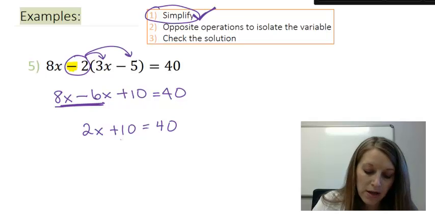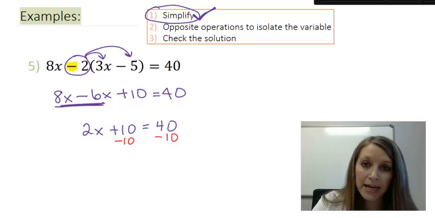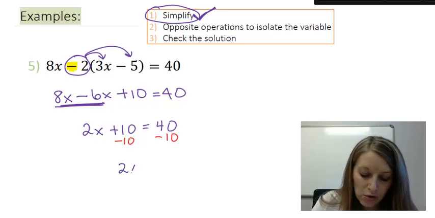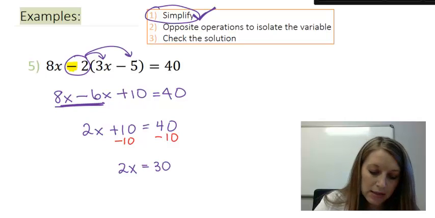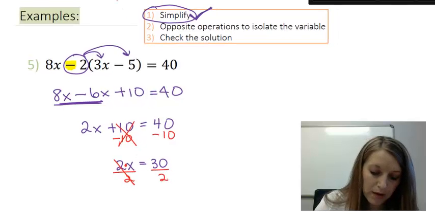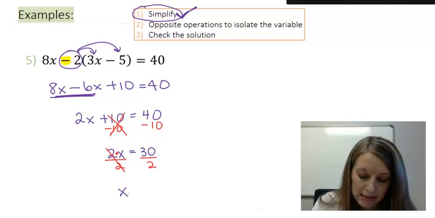My first step to do that is subtract 10 from both sides. Remember, always add and subtract before you multiply and divide. Gives me 2x is equal to 30. And to get rid of my 2, I divide by it. So that gives me x is equal to 15.